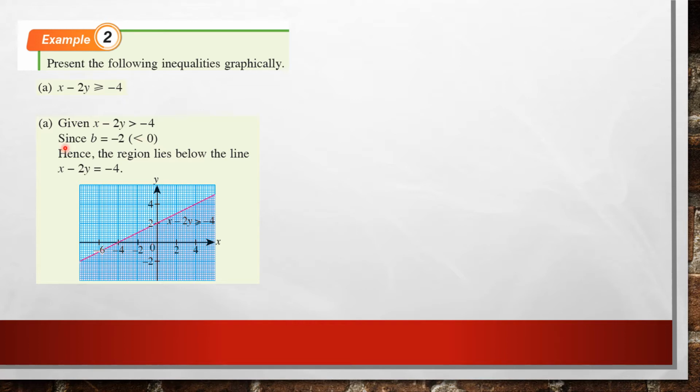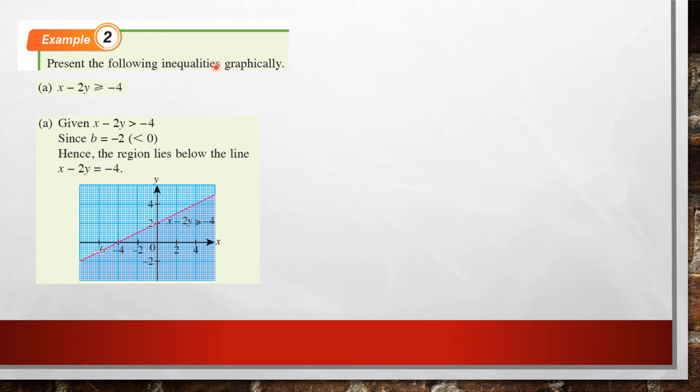So this is one of the methods. Given x minus 2y greater than negative 4, since the value of b is negative 2, hence the region lies below the line x minus 2y equals negative 4.